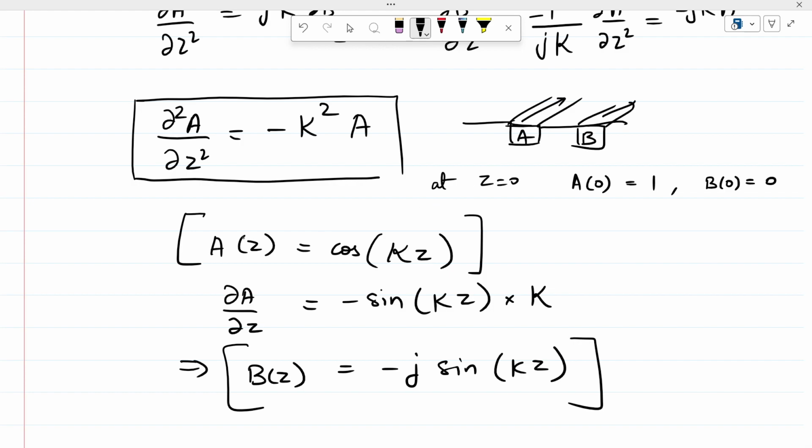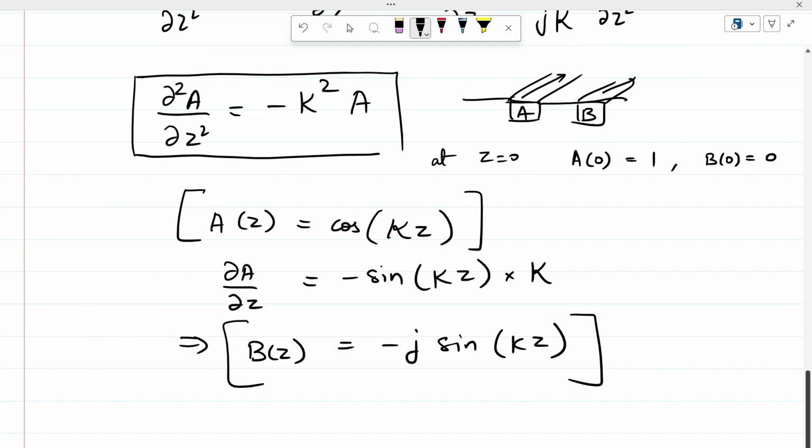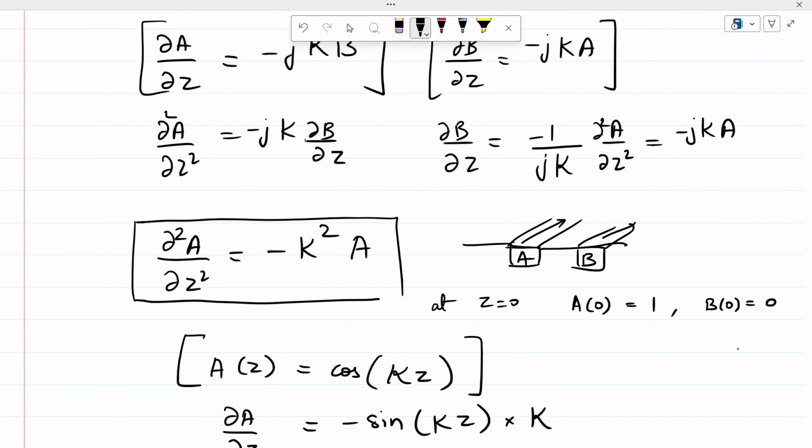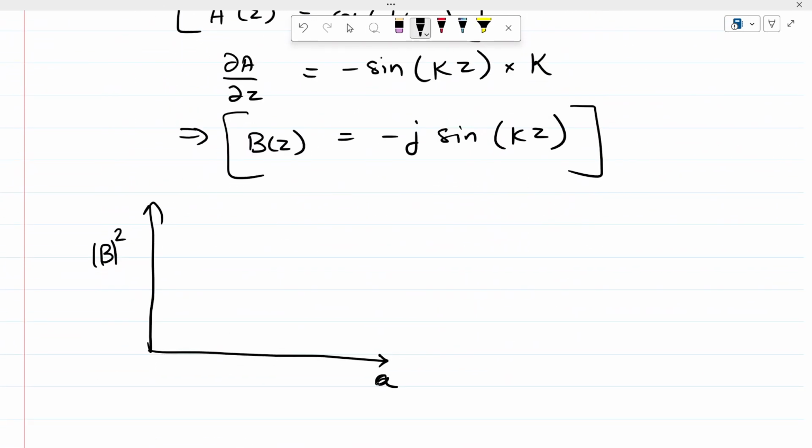A is varying as a cos function and B is varying as a sine function. If I plot the intensity, which is nothing but |B|² in waveguide B as a function of my coupling length, or as a function of Z, then we see that at Z equal to 0, we assume that the intensity in B is 0.